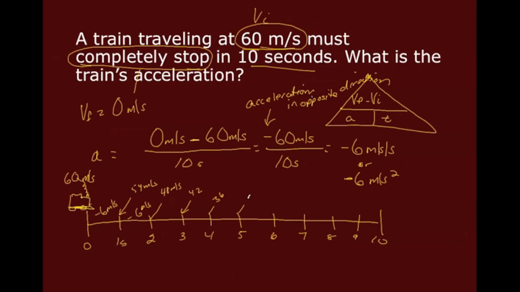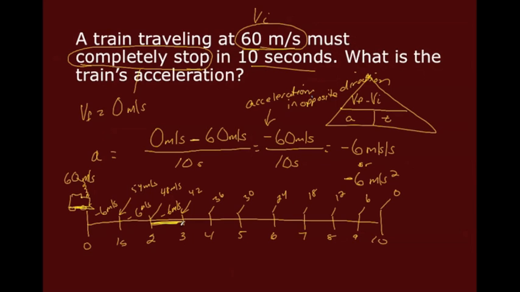Let's see if my math skills are doing okay. 42, 36, 30, 24, 18, 12, 6, 0. So over those 10 seconds, it slows down at a rate of negative 6 meters per second each second. So that's giving you somewhat of a visual of what's going on when we discuss acceleration.